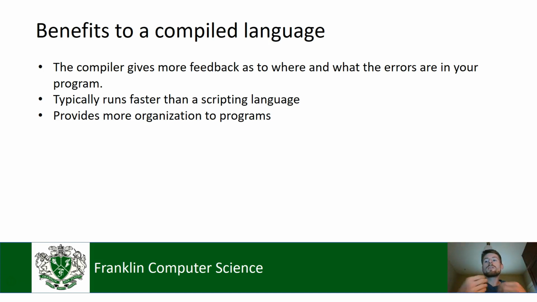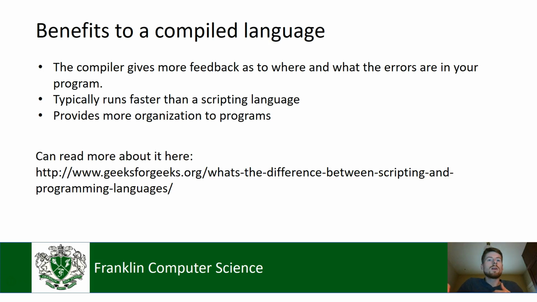When you're trying to build a complex program, you generally want a compiled language for that. So a lot of code out there is written in C, C++, Java, because you want to do something complex with it. So, all right, if you're curious, you can read more about it at that website right there.